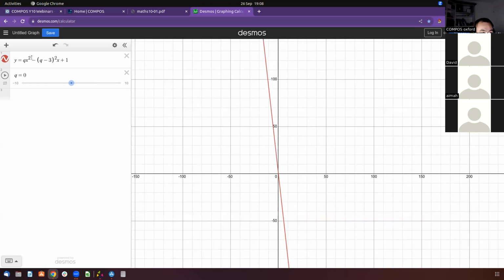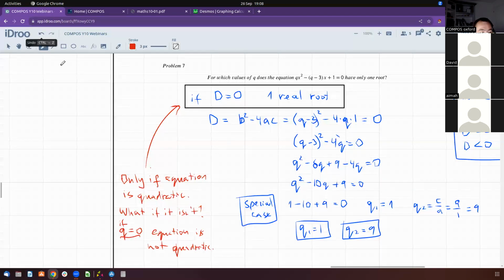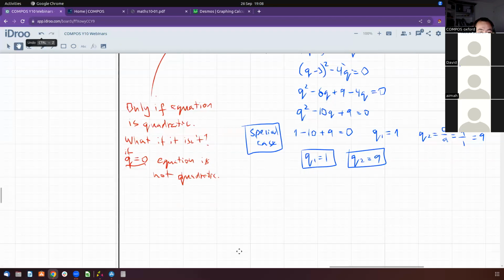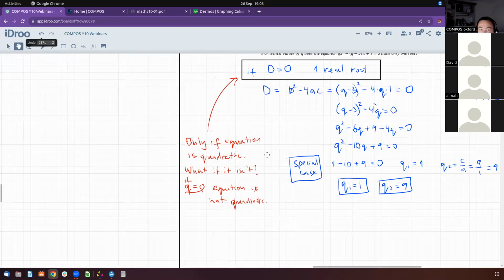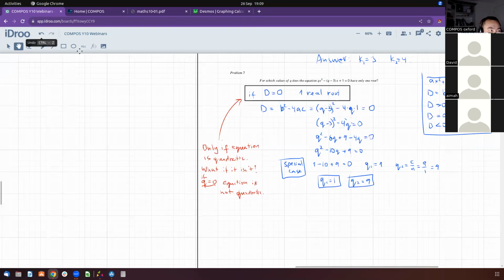Because if q equals 0, the square term goes away, and therefore the equation becomes 0x squared minus 0 minus 3x plus 1 equals 0. So plus 3x plus 1 equals 0, and x is equal to minus 1/3. It's one root.